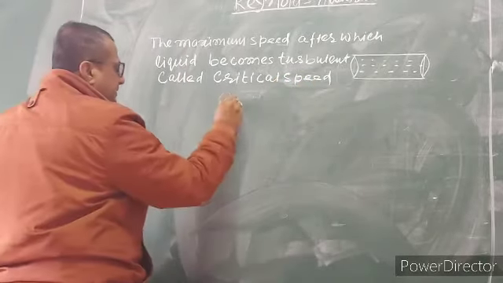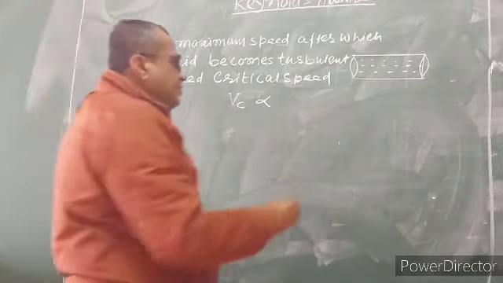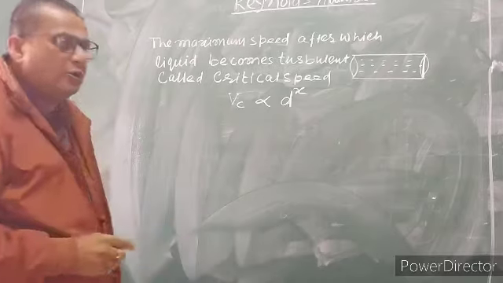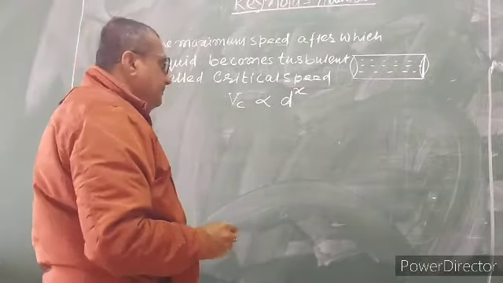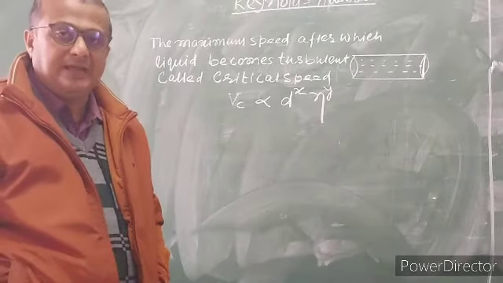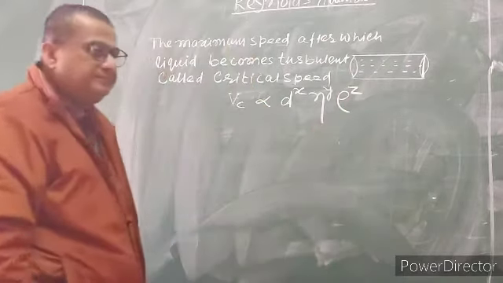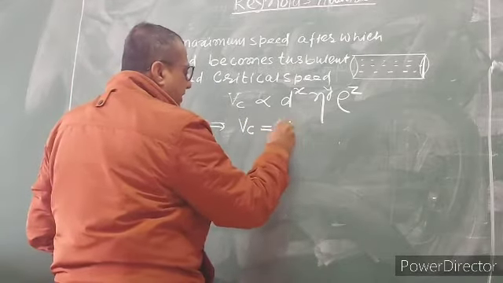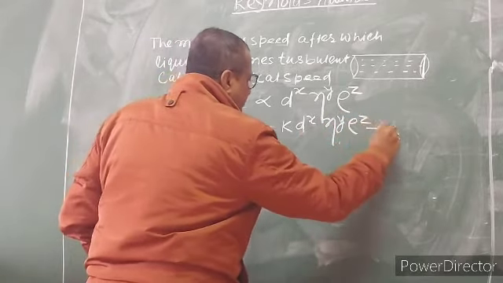This critical speed Vc depends on the diameter of the tube, this is the diameter of the tube, to the power x. We do not know whether it is directly proportional or inversely proportional. Then the coefficient of viscosity, the nature of the liquid, to the power y, then the density of the liquid, to the power z, which implies Vc equals constant K D^x eta^y rho^z. This is the first equation.